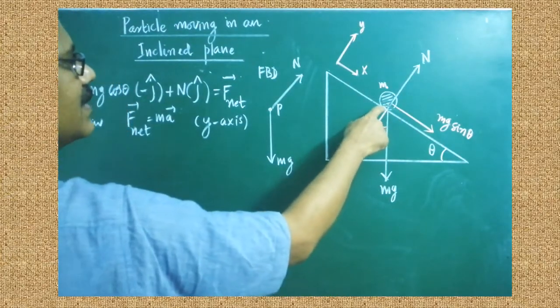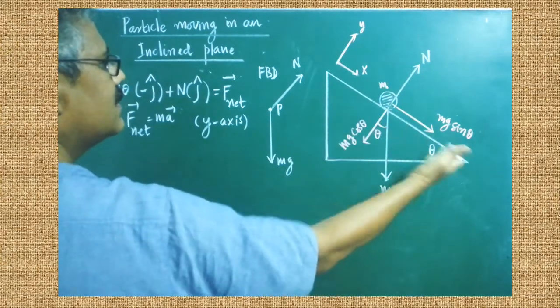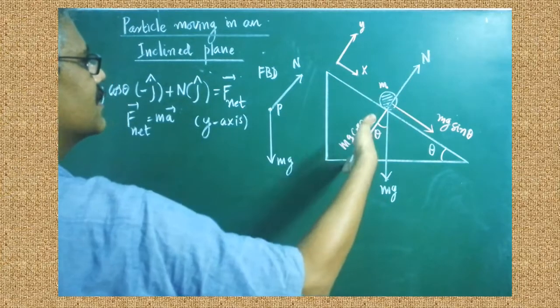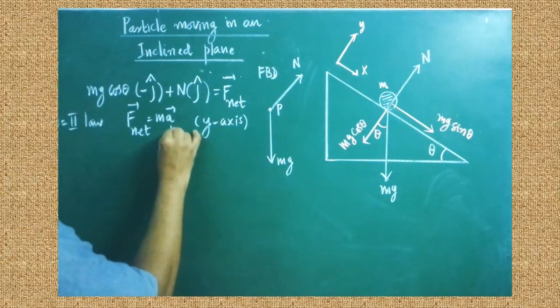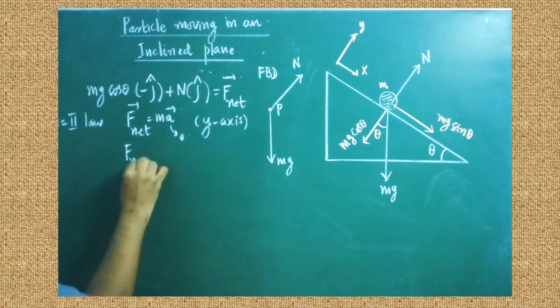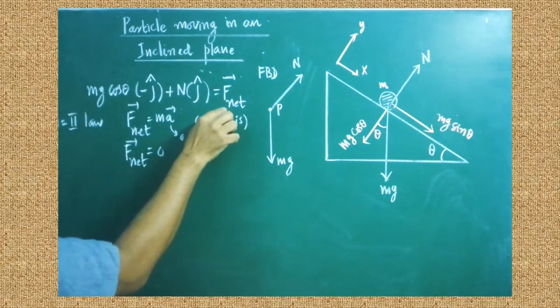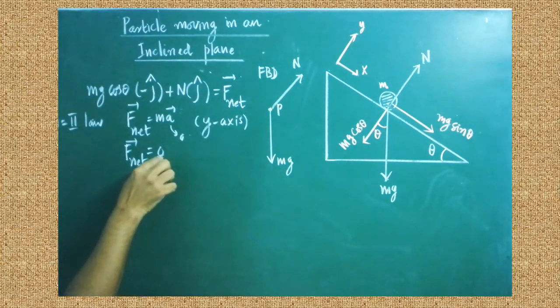Tell me, is the body moving along the y axis? It can't move, because it is moving only in this direction. It can't move in this direction. Therefore the acceleration of the body along y is 0. Therefore the net force acting on the body is also 0. So on the right-hand side, instead of F net you can substitute 0.